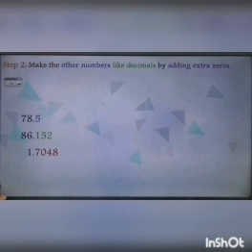So 1.7048 has 4 decimal places, 86.152 has 3 decimal places, and 78.5 has 1 decimal place. Now, in order to make them like decimals, I need to have an equal number of decimal places. How can I get that? I need 4 decimal places in each of them, and I can do that by adding zeros.